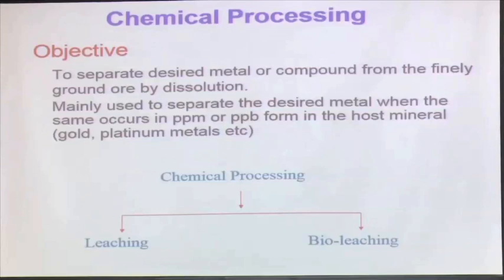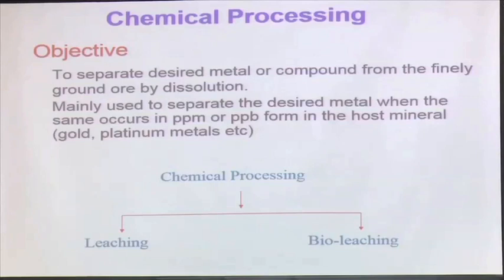So, in that case we break it to a size where, after that, you pour some leachant like an acid. I can use hydrochloric acid, sulfuric acid, or nitric acid, depending upon the characteristics of my mineral, and then I can convert the mineral into a state which can be brought into solution.